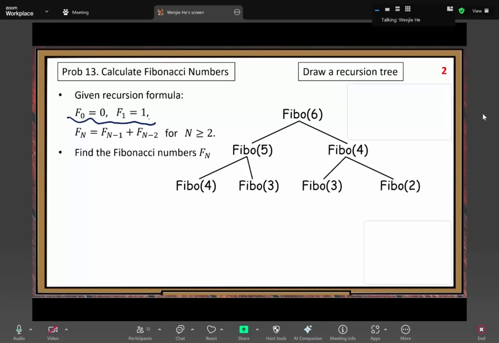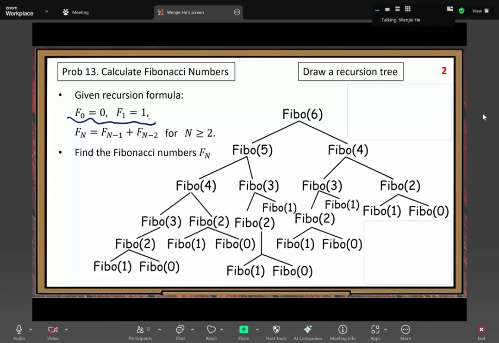So that's why you can draw a recursion tree. You need to branch to many intermediate numbers. You keep doing this until you reach the bottom. When you reach the bottom, you get the two base cases, because two base cases are given.